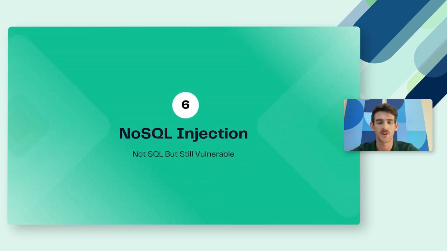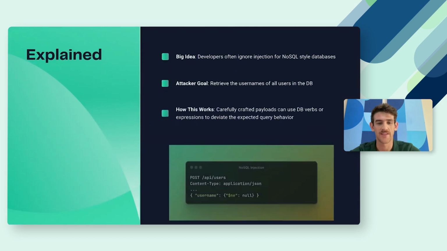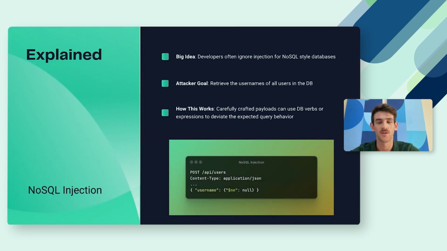So moving on to our 6th category of vulnerabilities, we'll talk about NoSQL injections. The tagline here is, it's not SQL, but it's still vulnerable to the same style of injection attacks that were popular with SQL back in the day. For those of you who might like NoSQL, because in many ways it's easier to get set up with, it's still very helpful to be aware of the type of injections you might face.